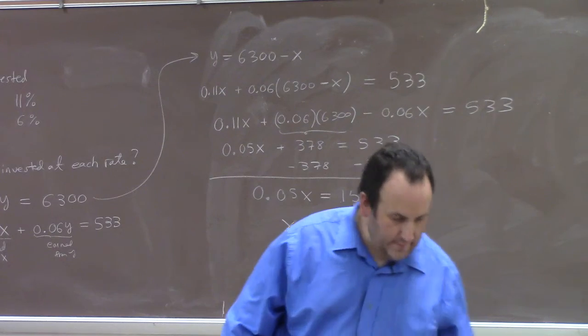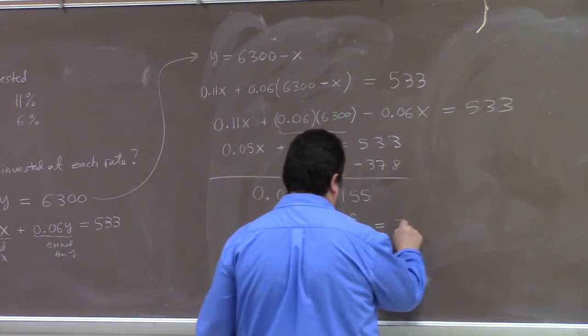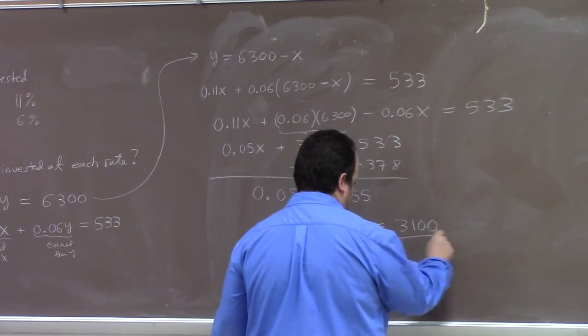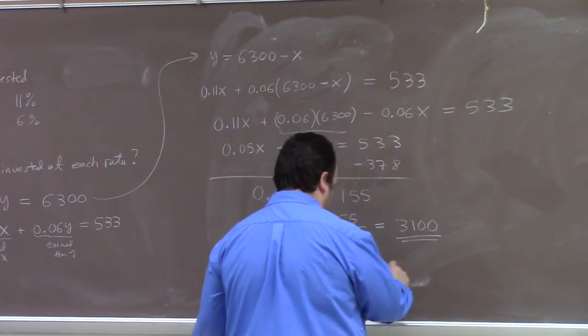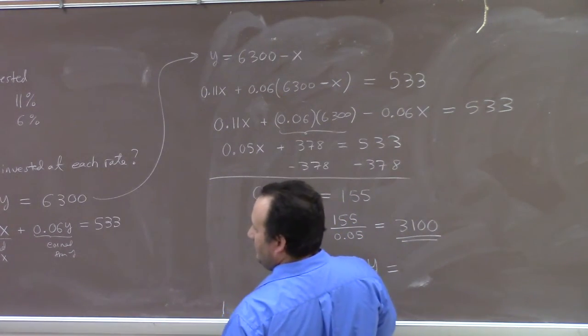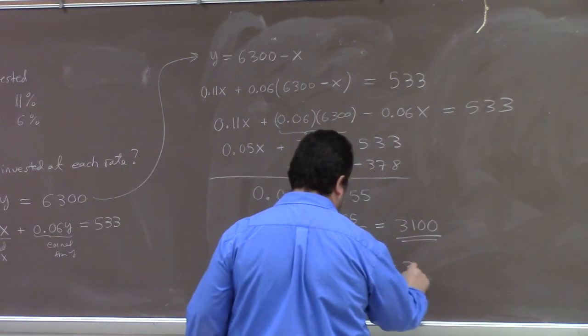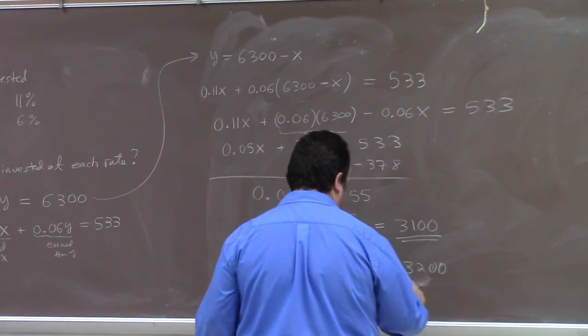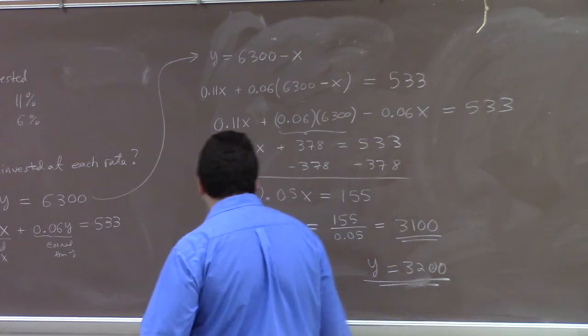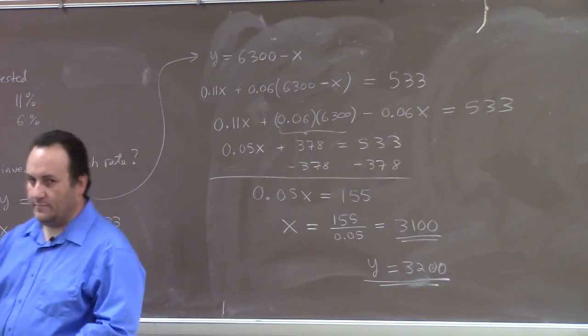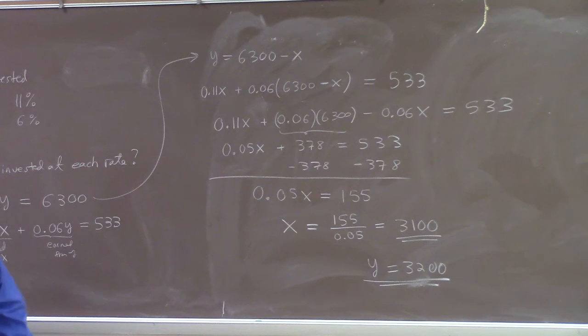I got 3,100. Yes, sir. All right, so then y equals 3,200. So that's how much we have to invest at each rate? Yep.